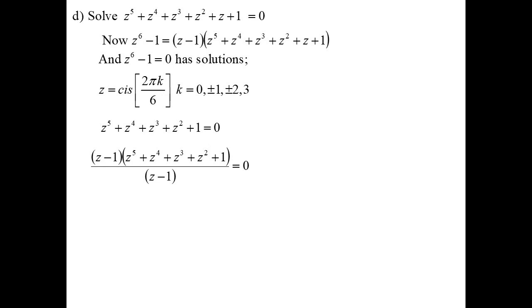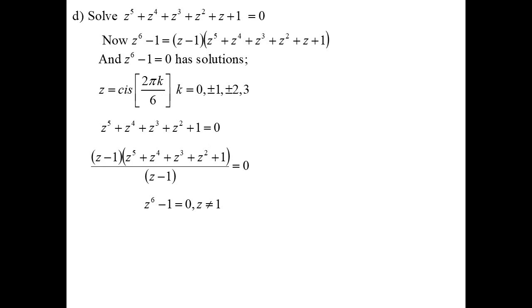And when you're solving a fraction equaling 0, it's the top of the fraction you solve. Here though, z can't equal 1, because it would mean we'd have 0 on the bottom of the fraction. So it means we've got a quintic equation there, power of 5. So there are only 5 solutions. We've turned it into z to the power of 6 equals 1, which has 6 solutions.